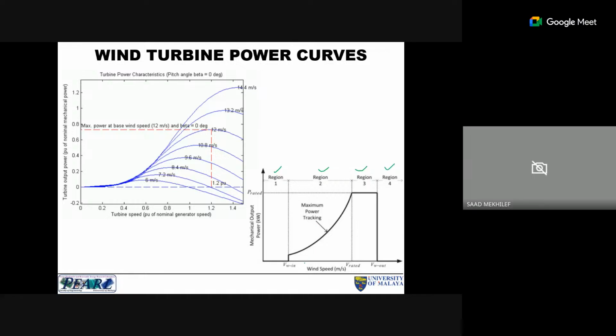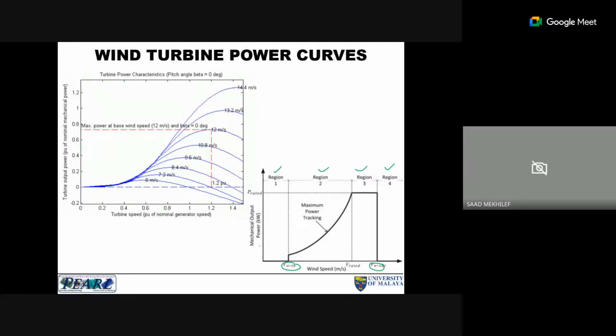As I mentioned before, the x-axis is the velocity, or the speed. So we have V, velocity here, which is cut in, and then here we have V, which is cut out. And here we have the mechanical power.